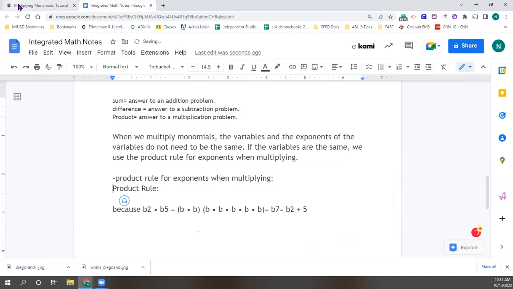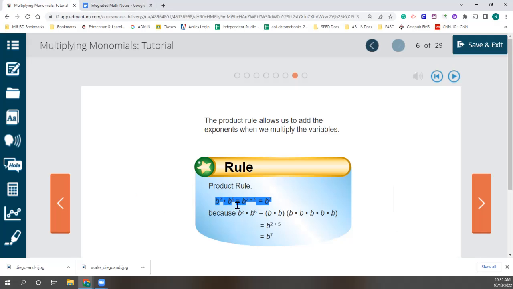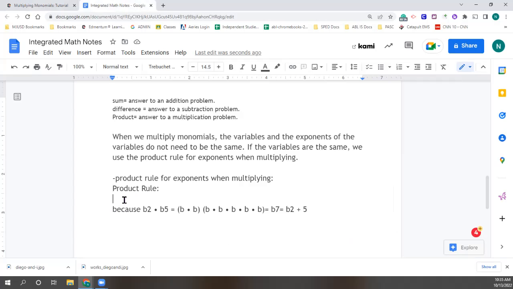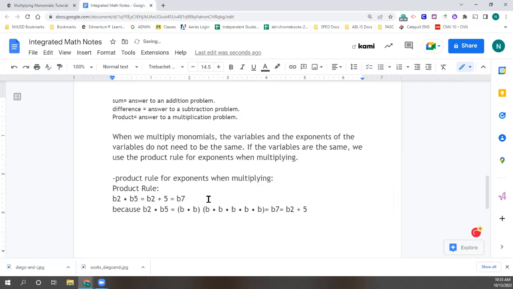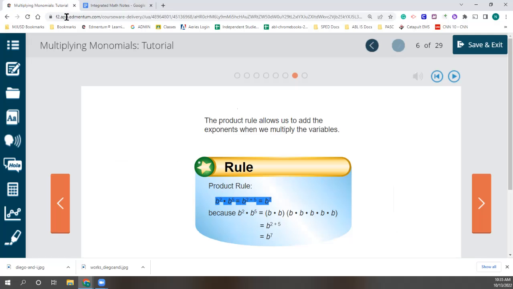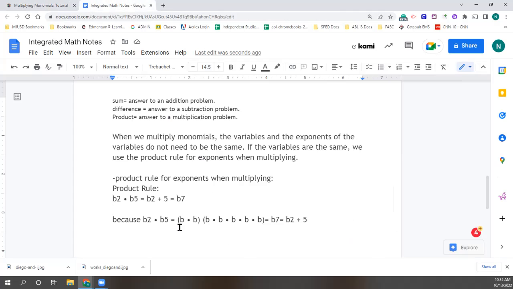Okay, so product rule. I need to copy that part and put that right here.